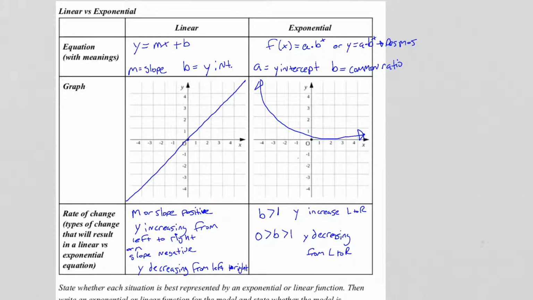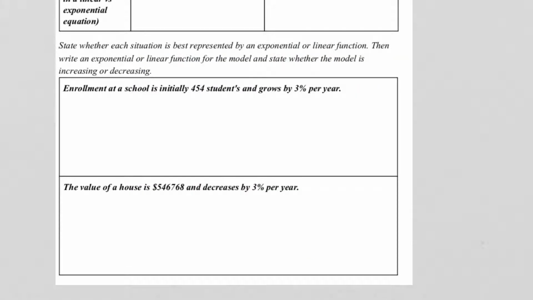And let's get into some additional examples so you can compare some stuff, and we can try to model linear and exponential situations. This lower portion of the notes, we have a problem that says enrollment. State whether each situation is best represented by an exponential or linear function.